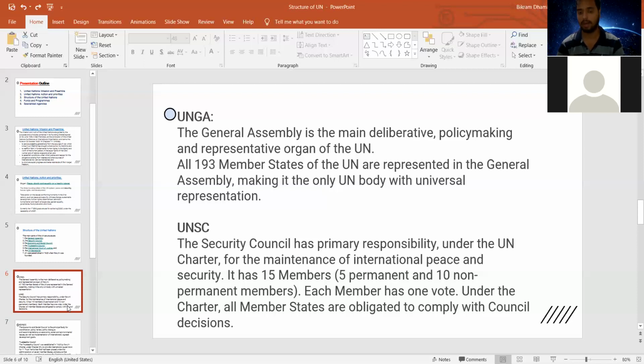So Nepal could not become a member of the United Nations in the first attempt in 1949, but later on Russia was convinced by the United Kingdom and the United States of America. Then Nepal was granted membership of the UN on December 14, 1955.